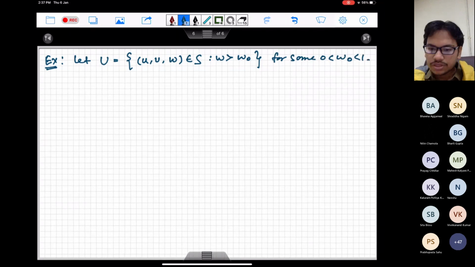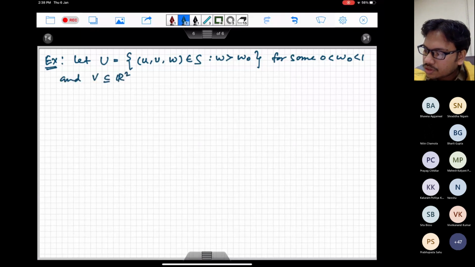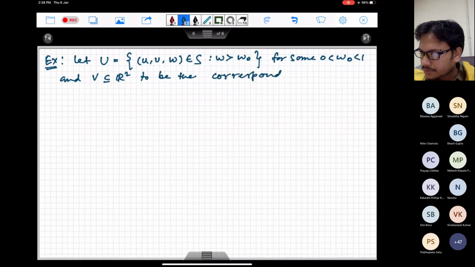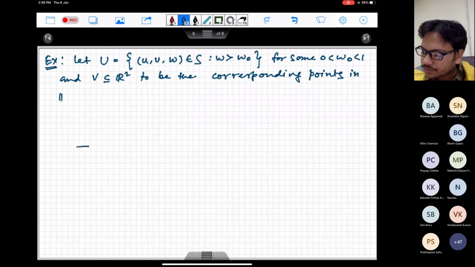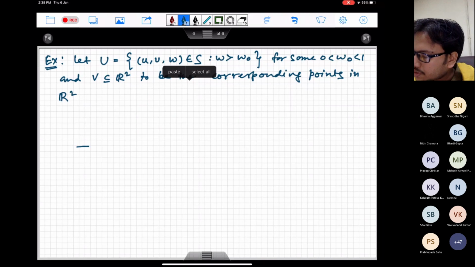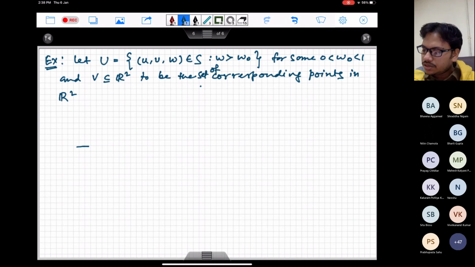Let V, a subset of R2, be the set of corresponding points in R2.